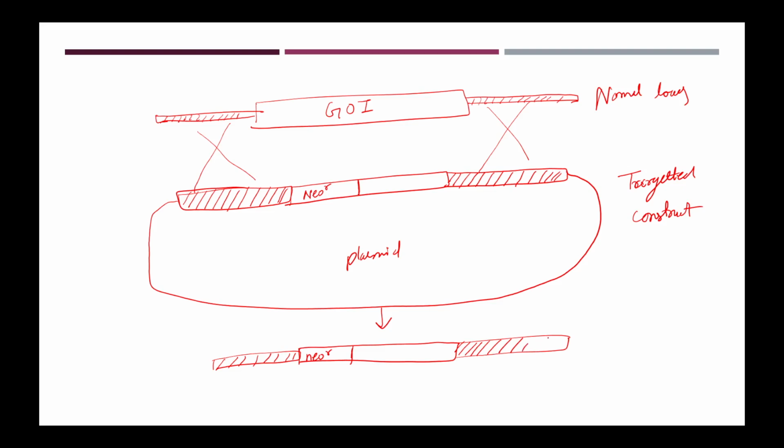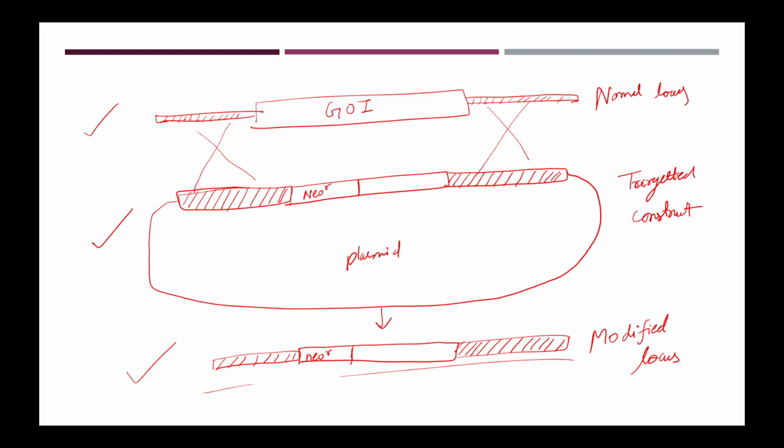Okay? Now your gene of interest is no longer there, and this is what you call a modified locus. This is how you can knock out one particular gene using homologous recombination.